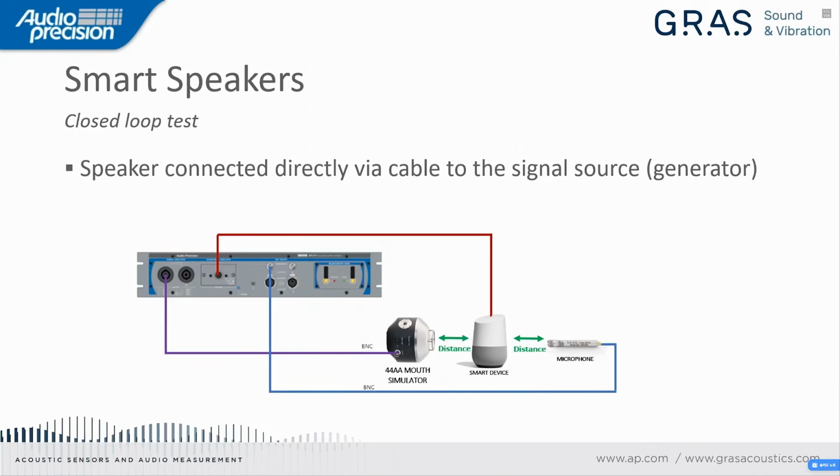So in this case, you can see we have a cable connection from our audio analyzer directly to the smart speaker under test, and we are using the direct input on the smart speaker for doing this test.